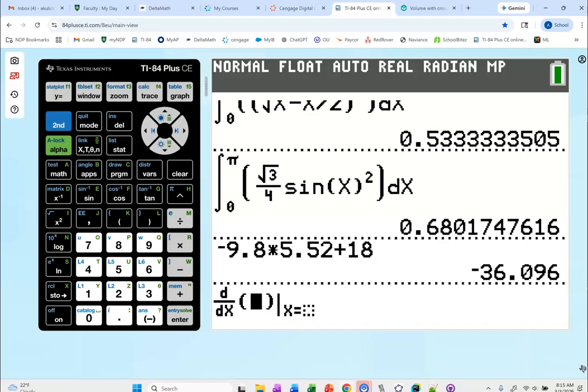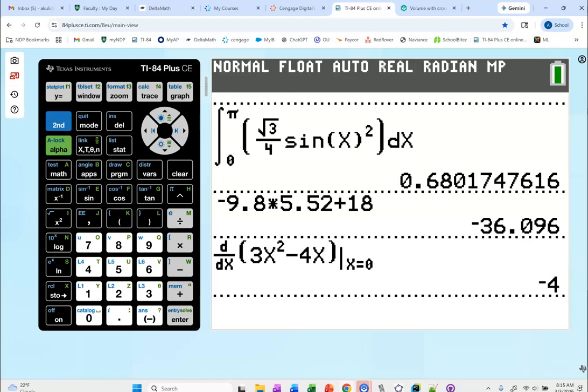So I'm going to put an x in the denominator. And then I can write 3x squared minus 4x. And then the value of x we want to find is when x is equal to 0. We press enter. And I like doing it this way because it doesn't matter what the x is, it's the same amount of work to type it in.